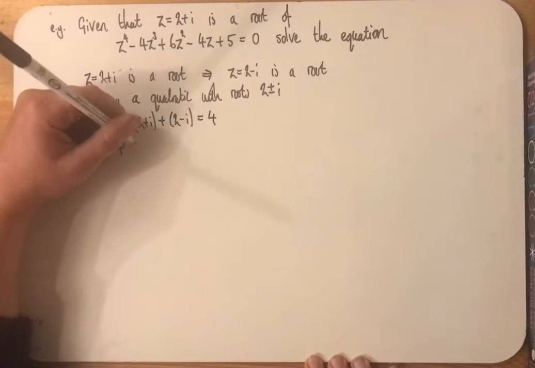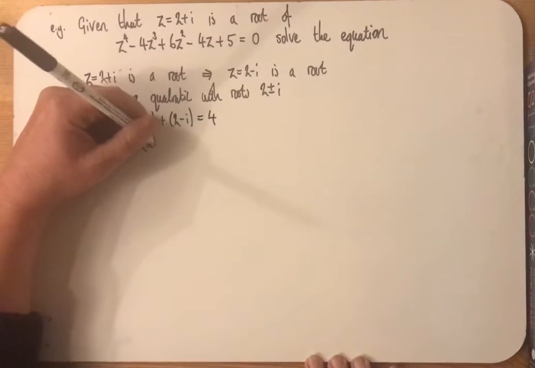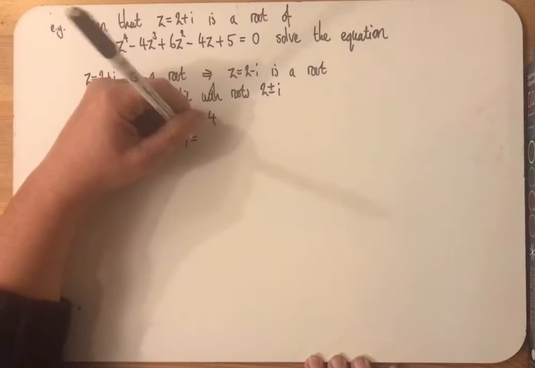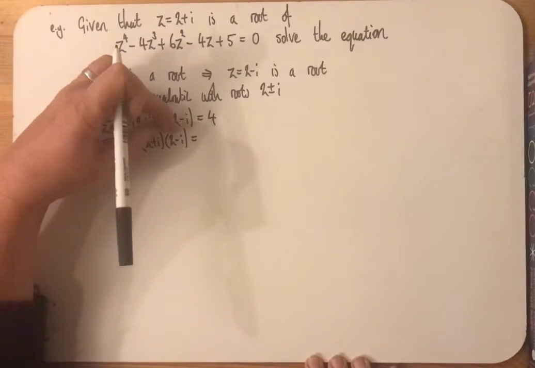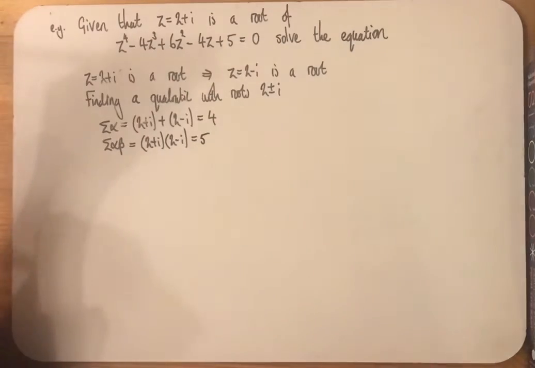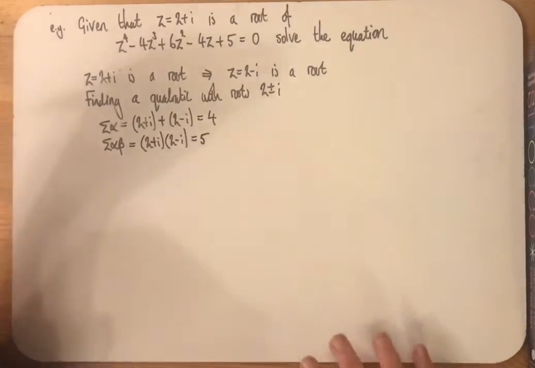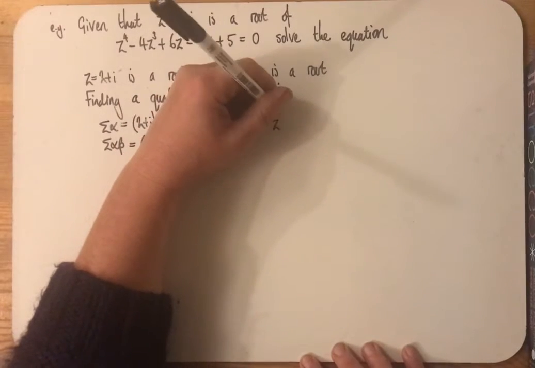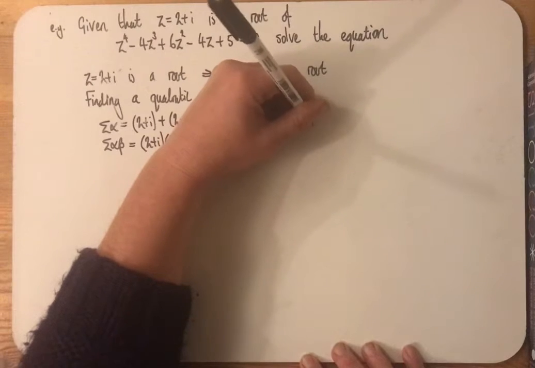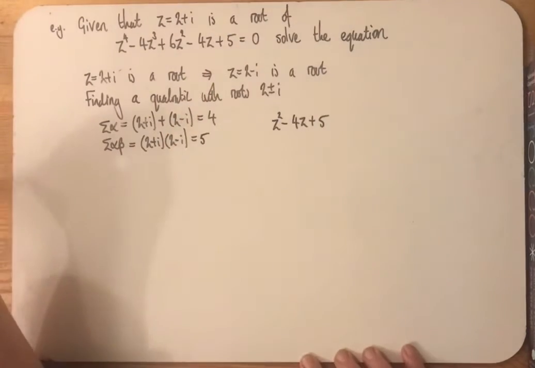The product of the roots, 2 plus i times 2 minus i, is 4 plus 1, which is 5. And so the quadratic is z squared minus the sum of the roots times z plus the product of the roots.